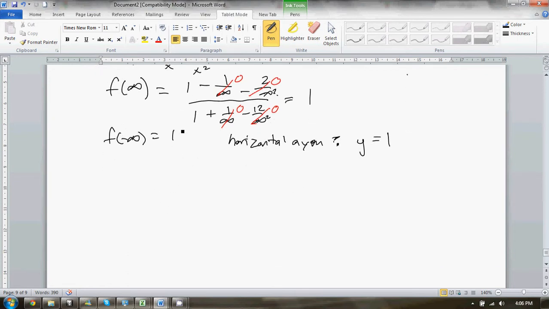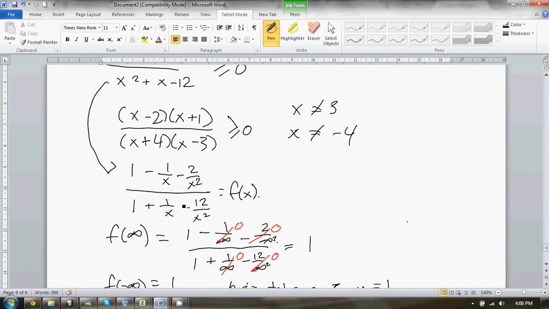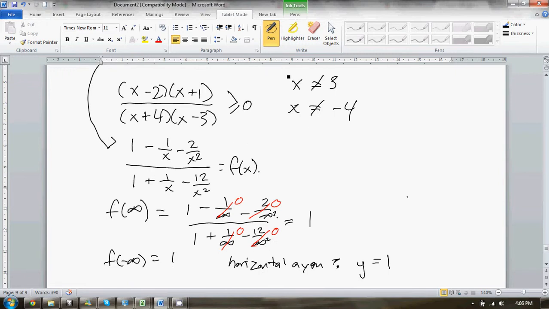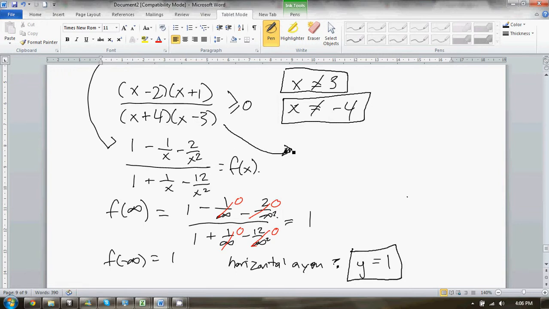Actually, before we do that, let's find the x-intercepts. These are the main important things right now: our two vertical asymptotes, and our horizontal asymptote. Now we have to find our x-intercepts from this equation.